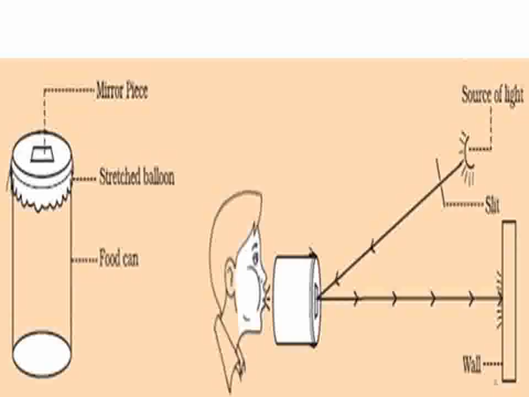In the figure, a source of light is giving a ray of light on the mirror, and a person is speaking in front of the food can so that the air inside the food can vibrates the stretched balloon, as a result of which there are vibrations on the mirror, and the reflected light on the wall is also vibrating. This shows the vibrations experimentally.